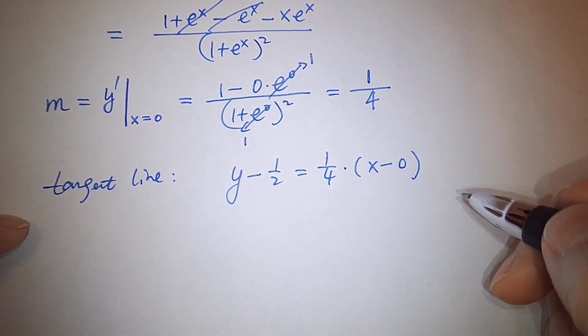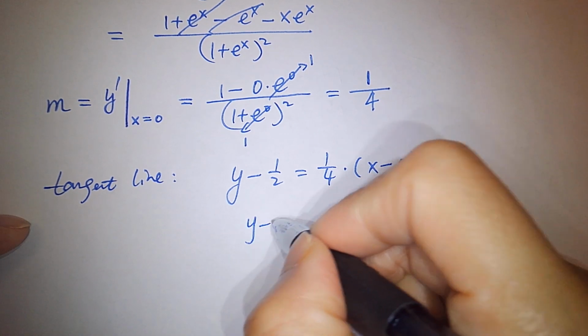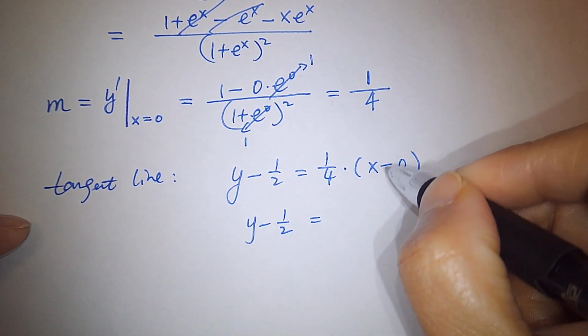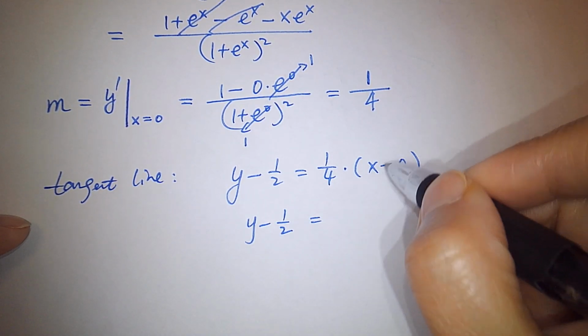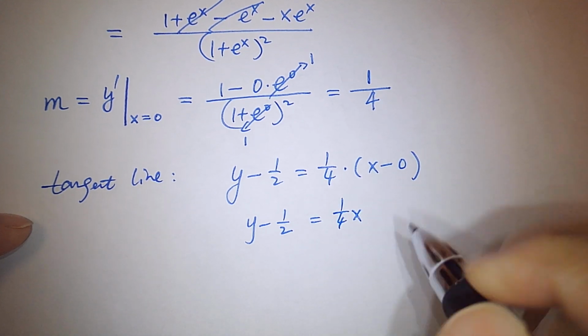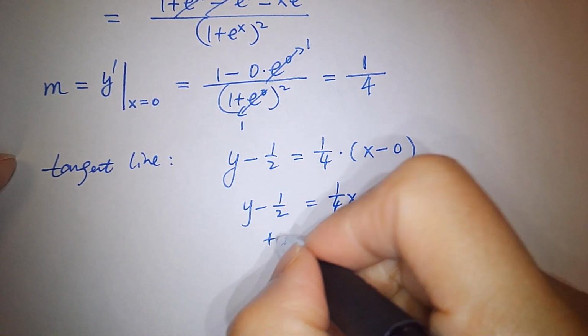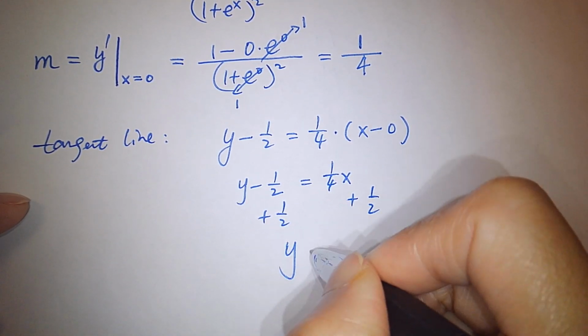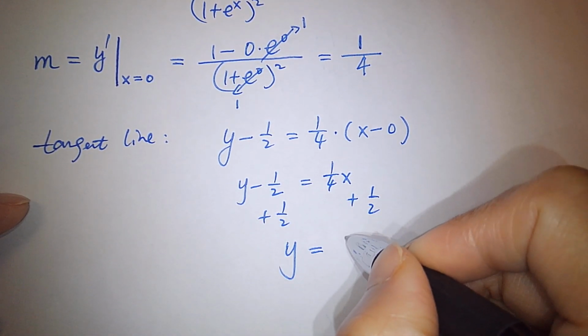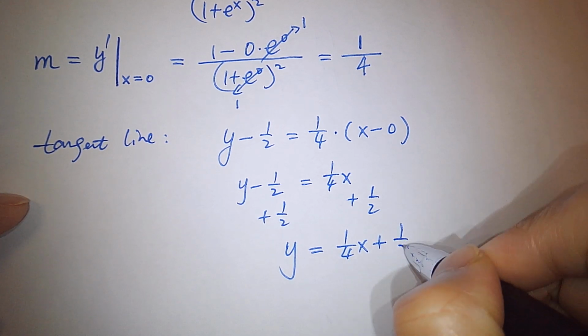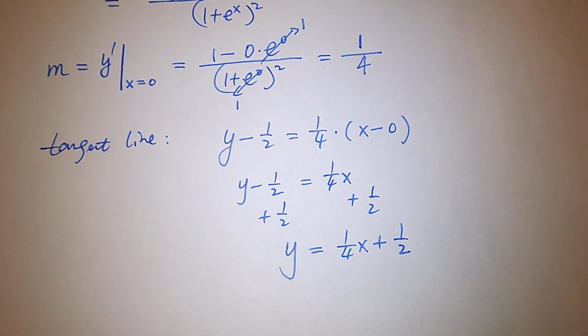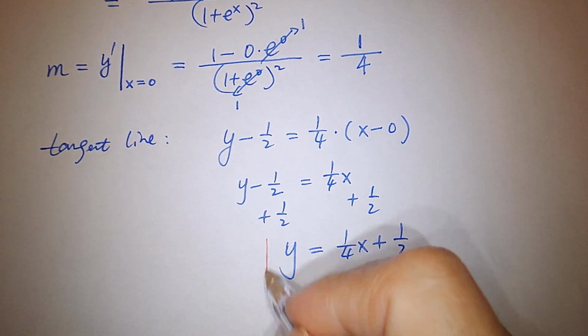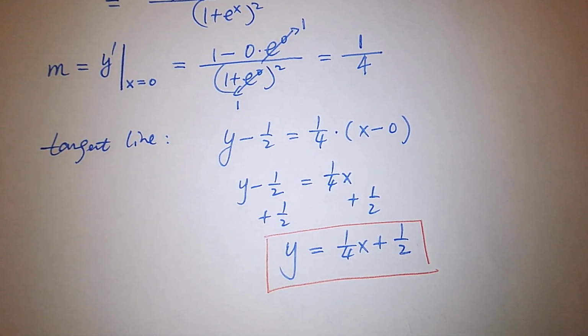Okay, so let's simplify. Y minus 1/2 equals x minus 0 is x, so 1/4 x, right? And I'm going to add 1/2 to both sides. So eventually, the tangent line, y should equal 1/4 x plus what? 1/2. Answer.